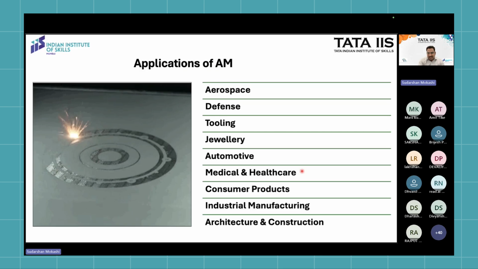Next slide, just the applications. I am mentioning the industries. Definitely aerospace, defense, and tooling industries require the DMLS technology for inserts. In tooling industries, with additive manufacturing we provide multiple cooling channels to increase the efficiency of the mold and increase productivity.